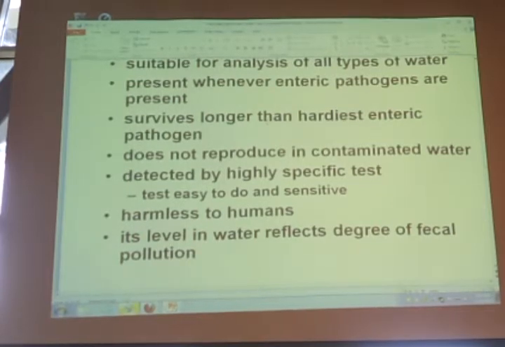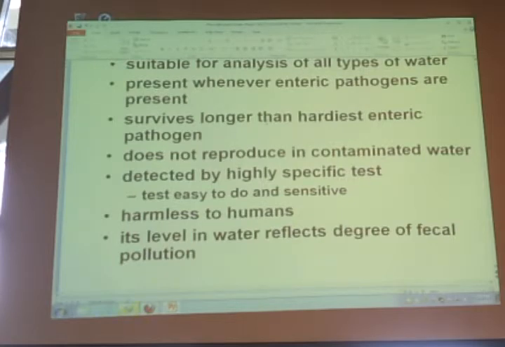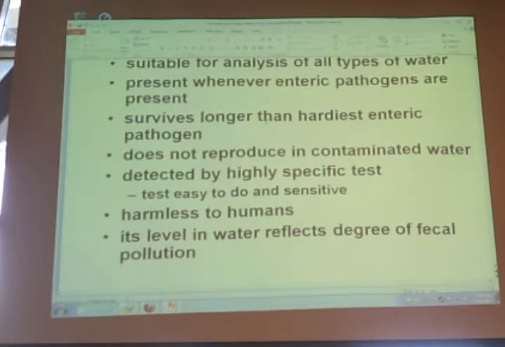Otherwise, that's why in lab you can use E. coli and not be fearful that it's going to cause a problem. But if it was a particular strain, or if it ended up someplace, E. coli is a common cause of urinary tract infections, because if it gets into the urinary tract, then it can cause infections, or if it gets other places.